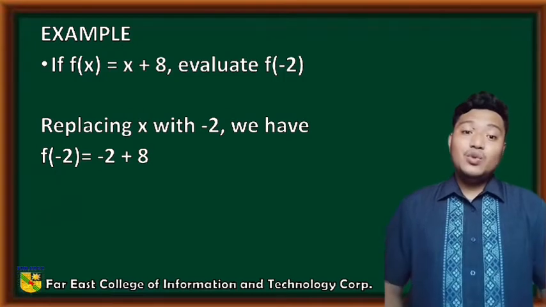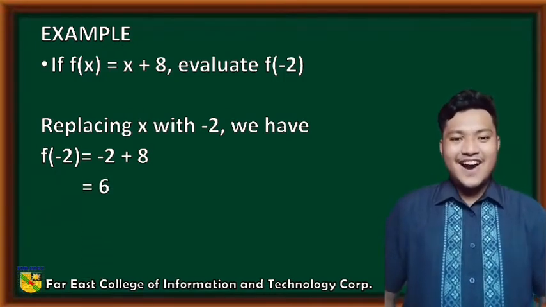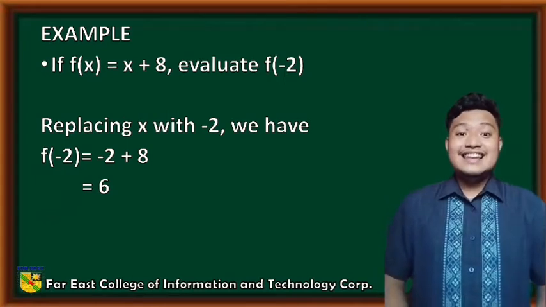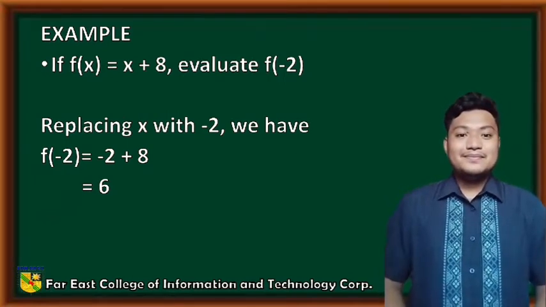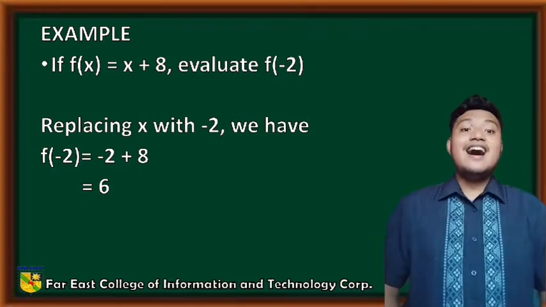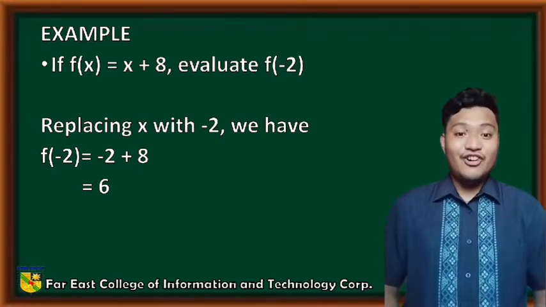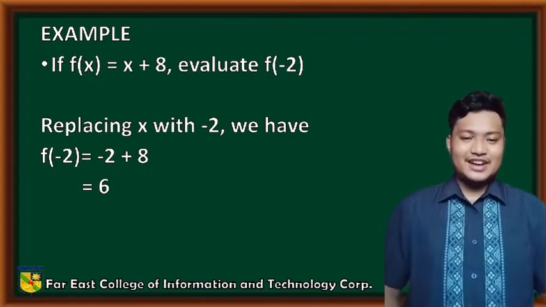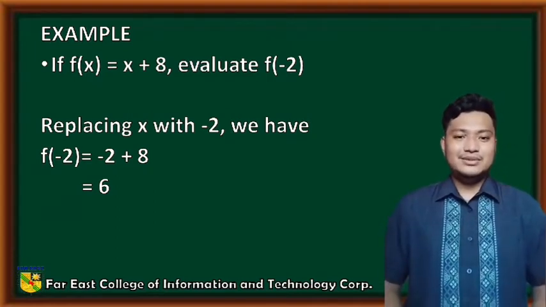So, negative 2 plus 8 is equal to 6. Why? Because they are unlike signs. So, you are performing a subtraction, which is negative 2 plus 8 is equal to 6.